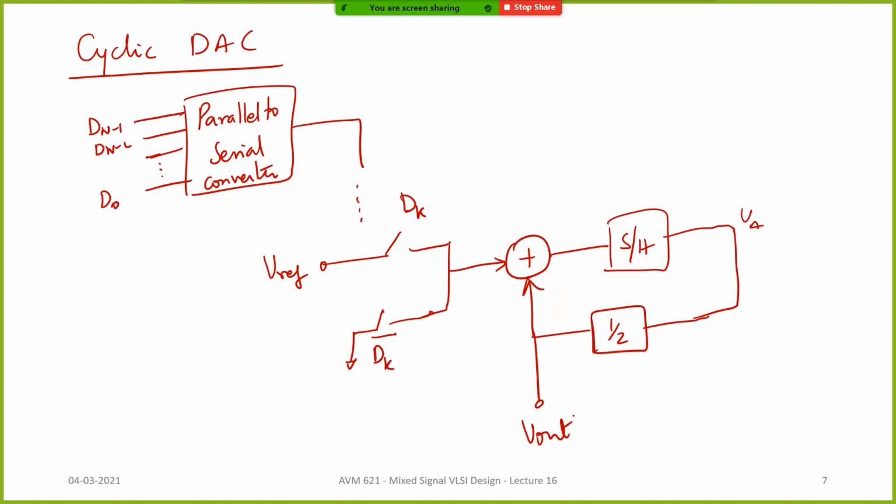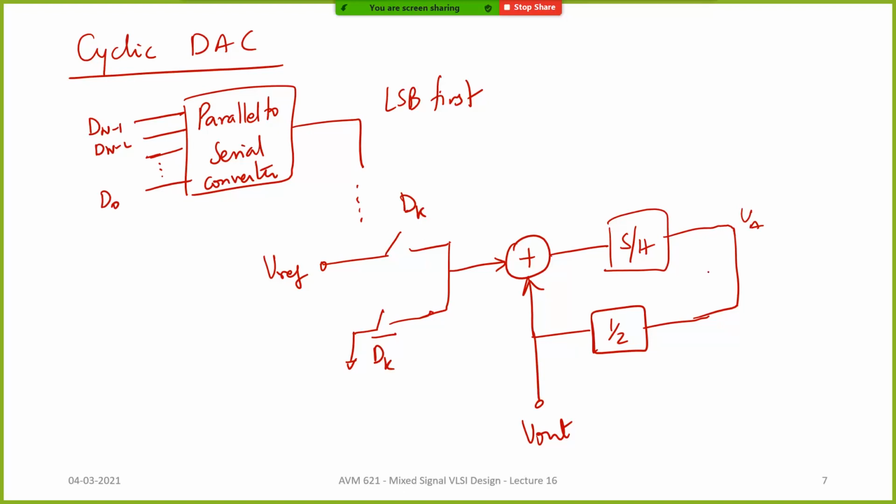Let's say you start with the LSB first. If LSB is 1, you add Vref to 0, and you sample it, and then you divide it by 2, and then you go to the next iteration. You have D1, and depending on whether it's 0 or 1, you either add Vref or you add 0.